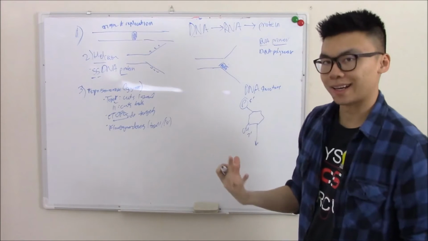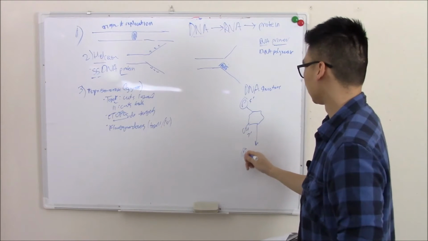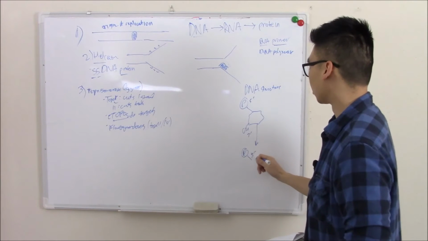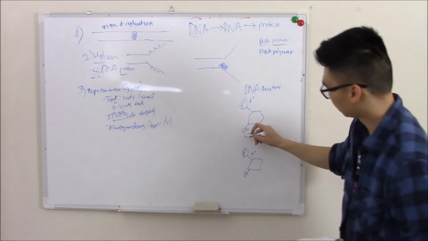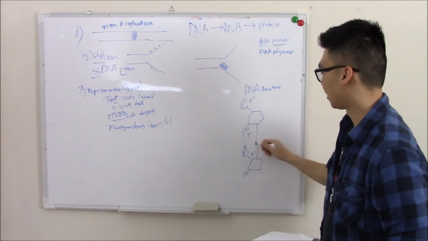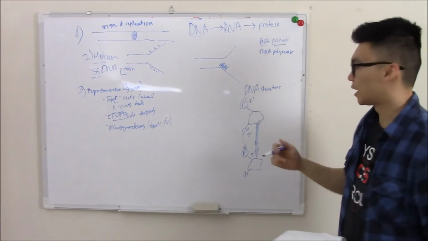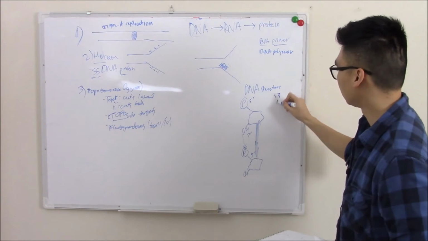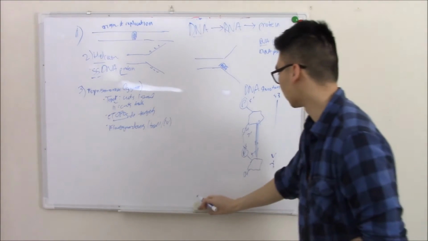When we add more nucleic acids, we use that phosphate group on the 5' end to release the energy needed to make that bond. And so making DNA goes from the 5' end to the 3' end, always.